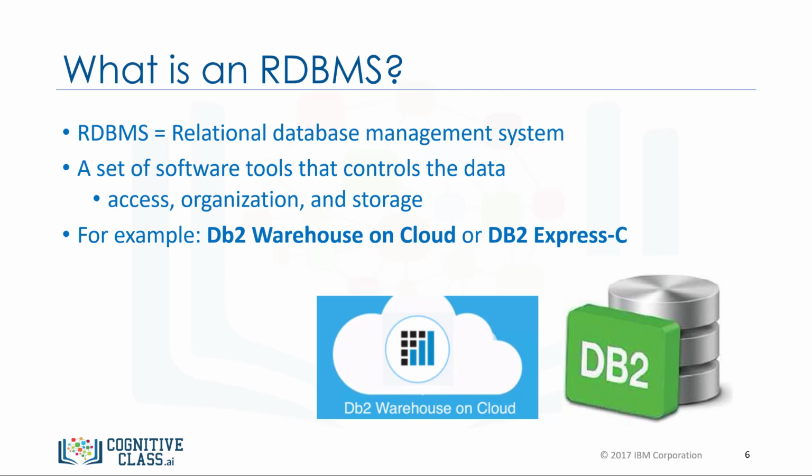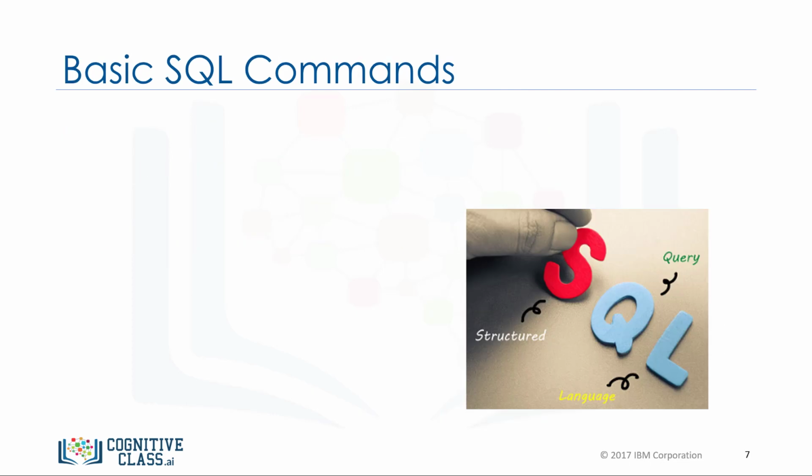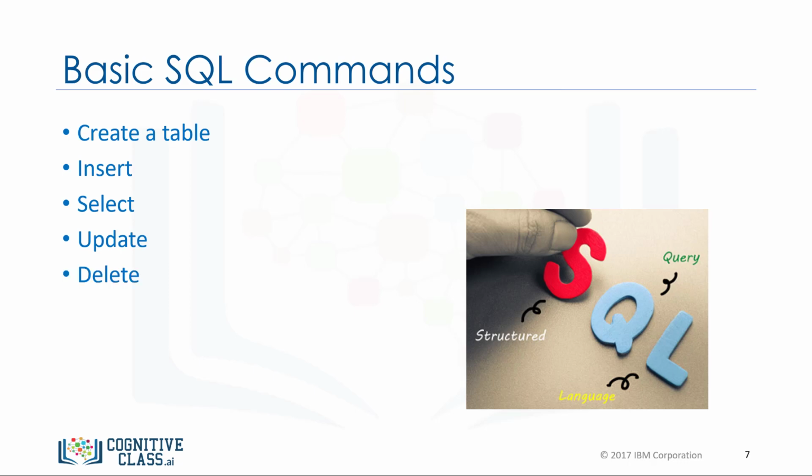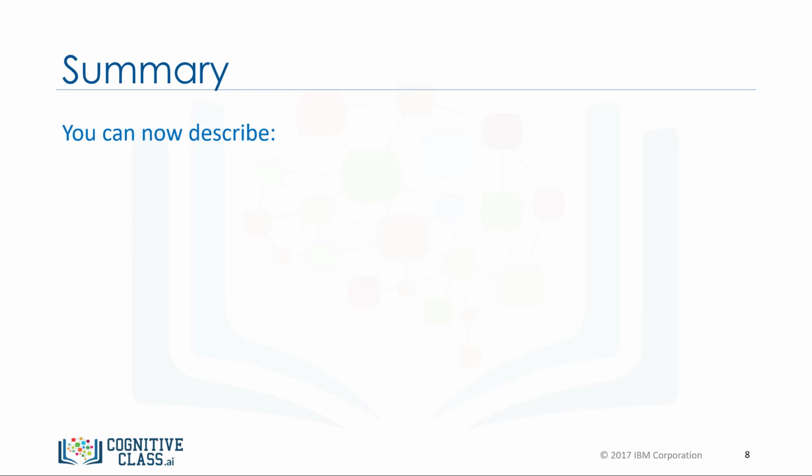Examples of relational database management systems are MySQL, Oracle Database, DB2 Warehouse on Cloud, and DB2 Express C. For the majority of people using a database, there are 5 simple commands to create a table, insert data to populate the table, select data from the table, update data in the table, delete data from the table. So those are the building blocks for SQL for data science.